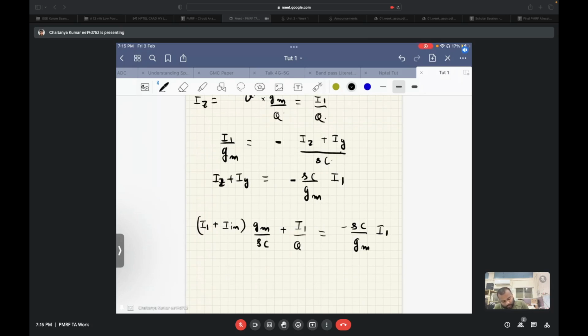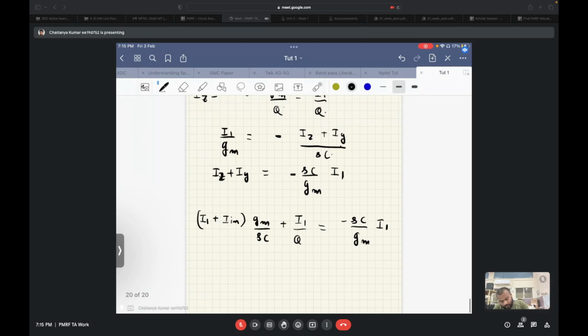So let's bring all the terms with I1 to one side. So we have I1 into GM by SC plus 1 by Q plus SC by GM, and minus I in times GM by SC.